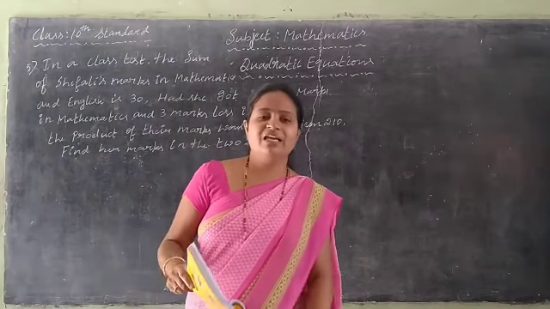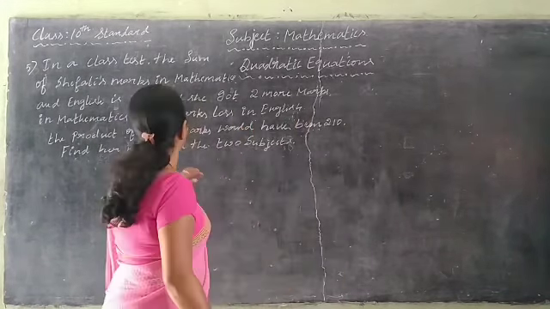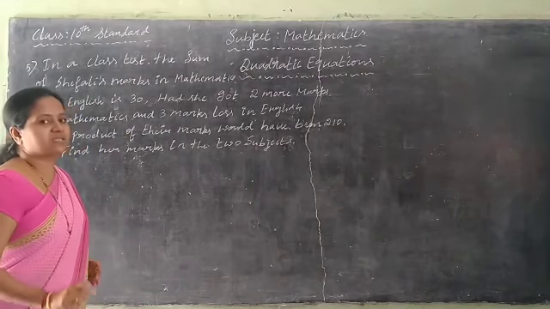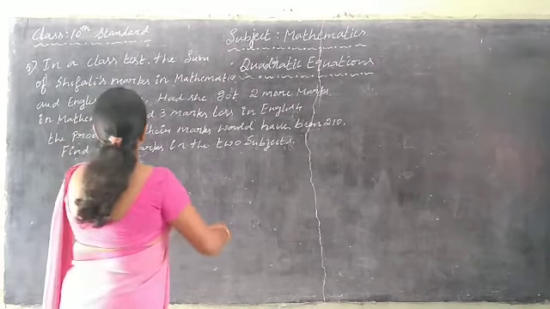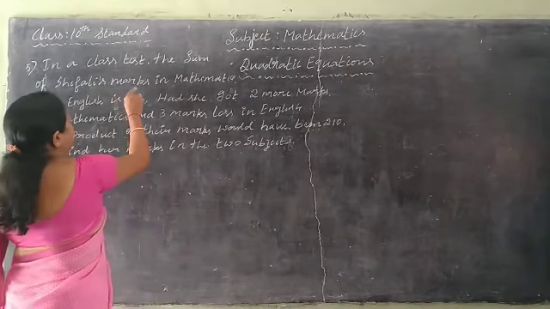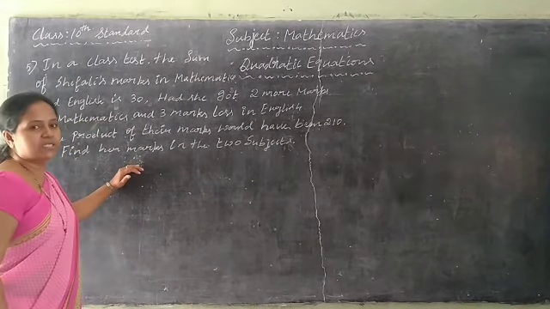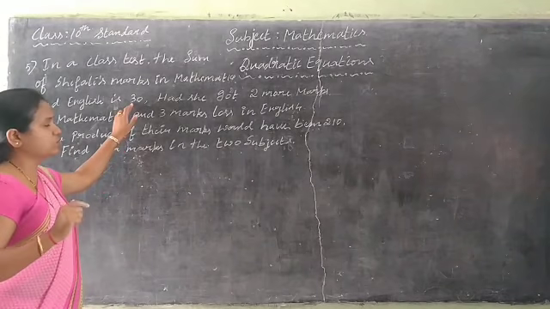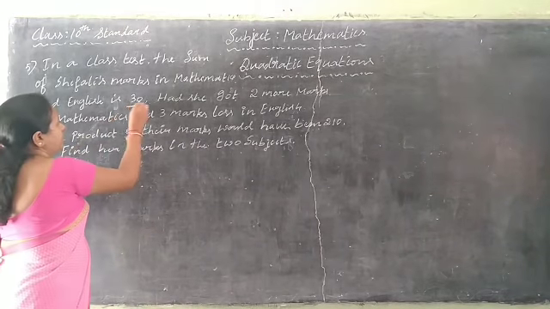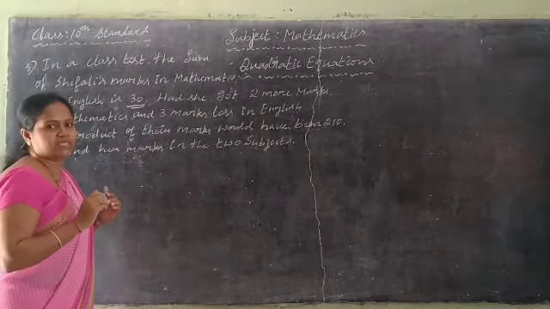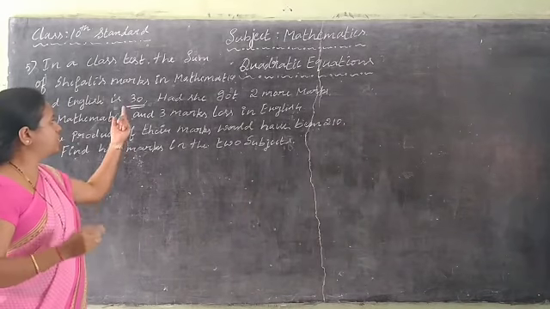See this problem very clearly, children. What is given? There was a class test. In this class test, the sum of Shefali's marks, sum means 2 subjects are there, one is mathematics and English. The sum of the 2 subjects' marks is 30. That is English plus mathematics. Including both the subjects, she got 30.